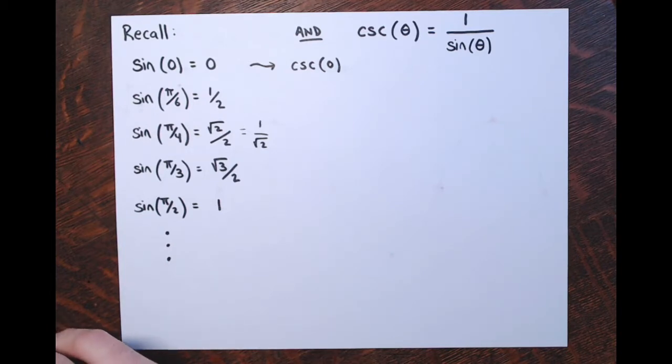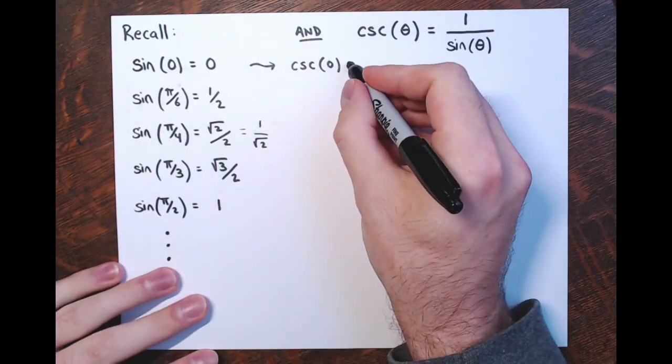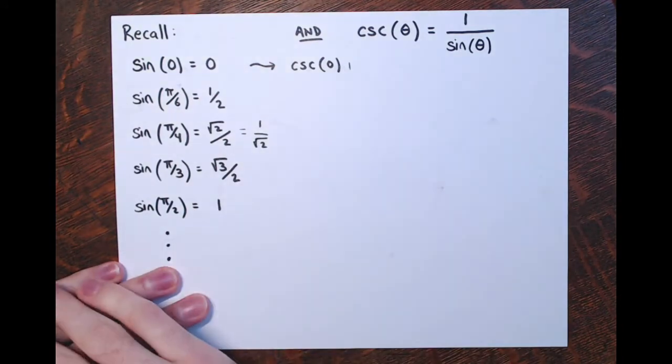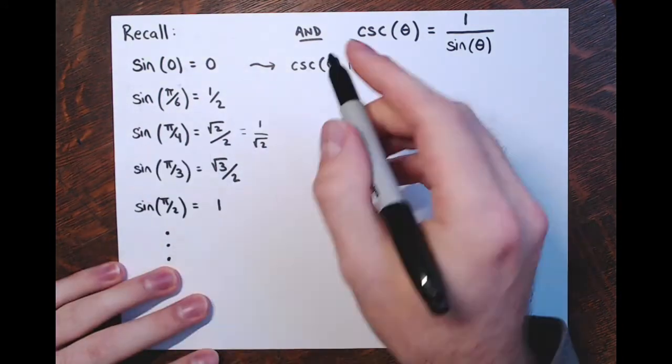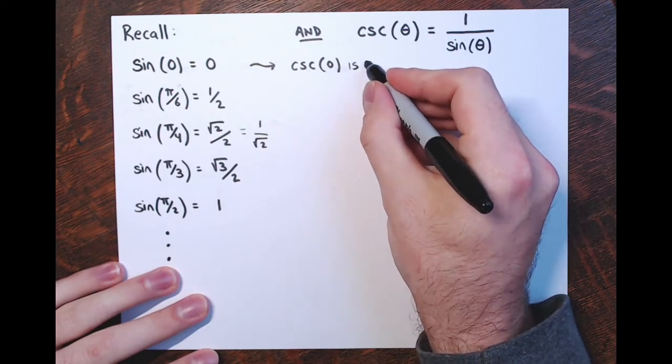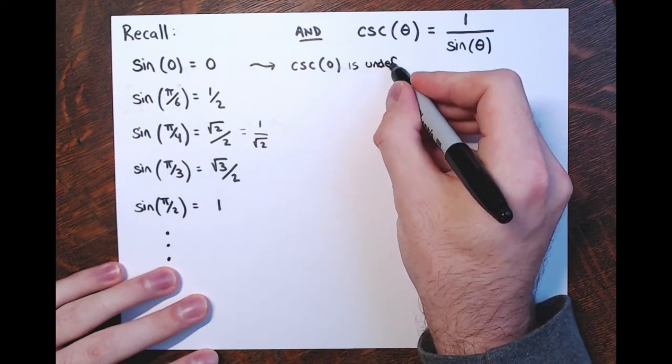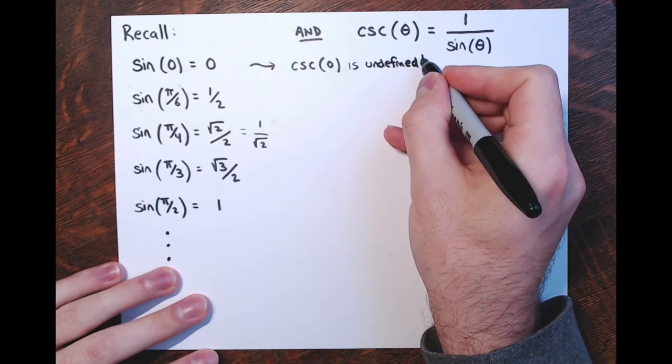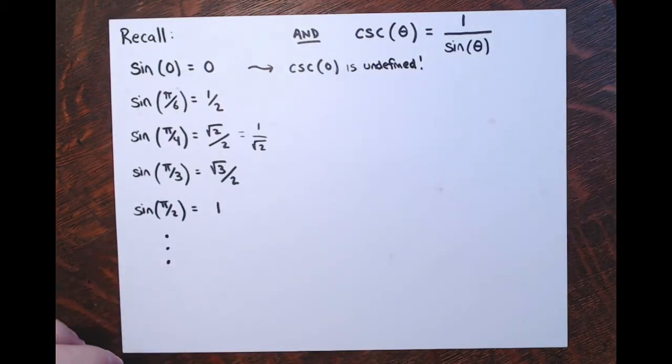Can't divide by 0, right? You saw this in the tangent and cotangent video. Dividing by 0 is an undefined operation. This has no value. So the cosecant of 0 is undefined.